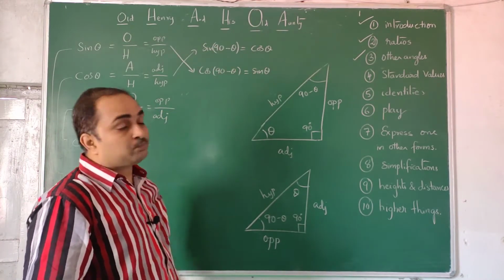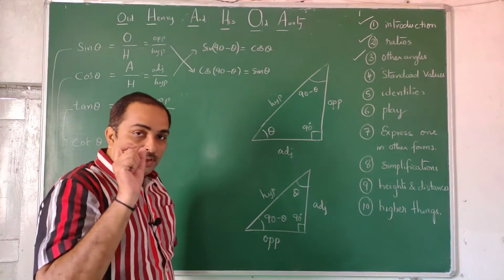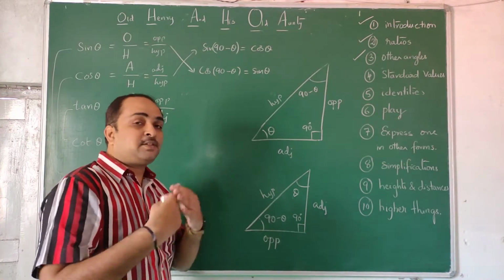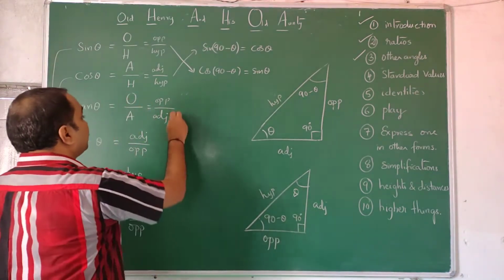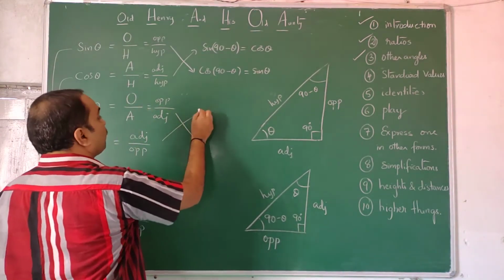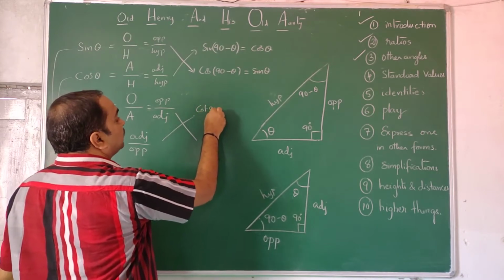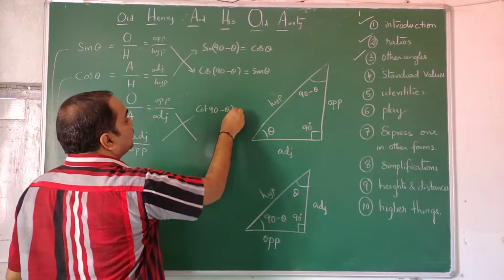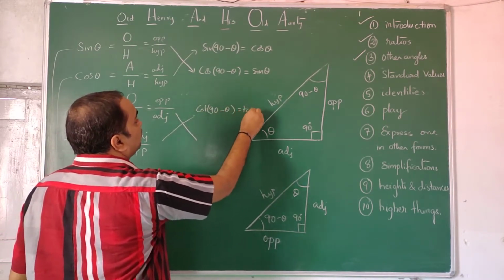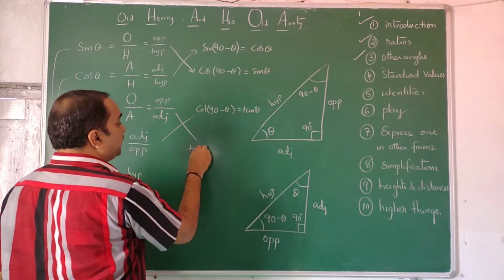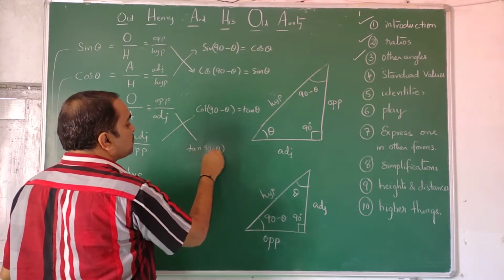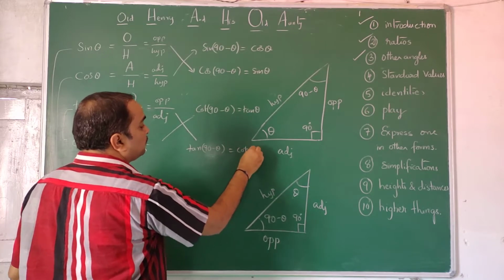Then that becomes cos and sin. That is one way. Otherwise, just learn by heart. Similarly, cot 90 minus theta is tan theta. Tan 90 minus theta is equal to cot theta.